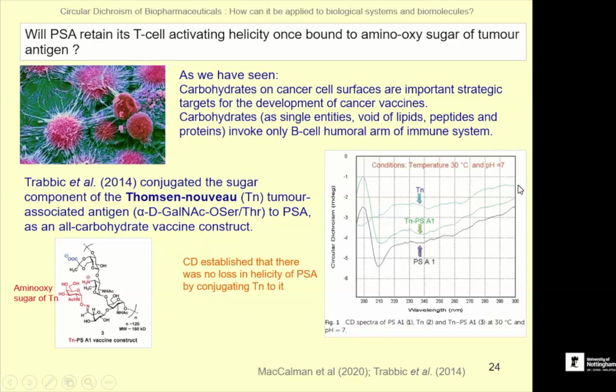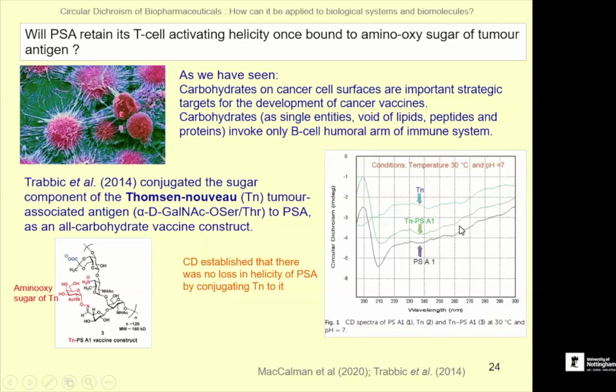And that's what they did. So here is the sugar by itself, not really doing anything in terms of secondary structural conformation or any other very much.